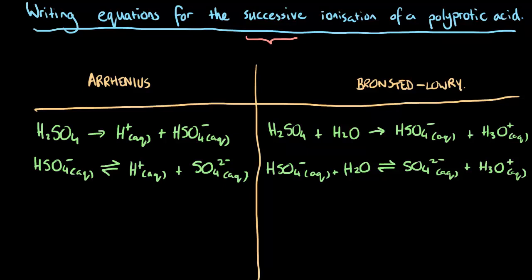The next question we're going to do is the successive ionization of phosphoric acid, H3PO4. If you would like, you can pause the video, have a go at writing the Arrhenius and Bronsted-Lowry successive ionization equations for this substance, and then unpause to check your answer.